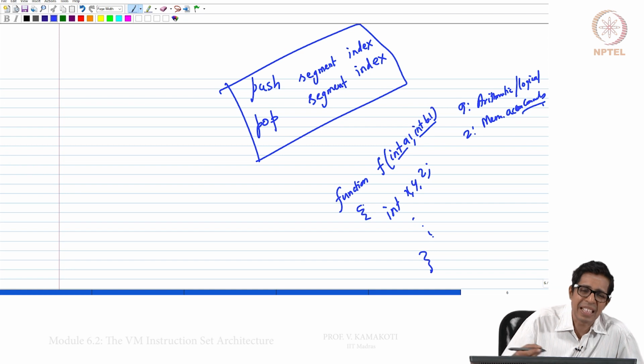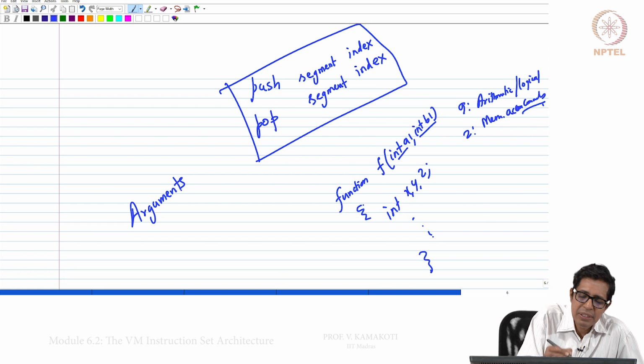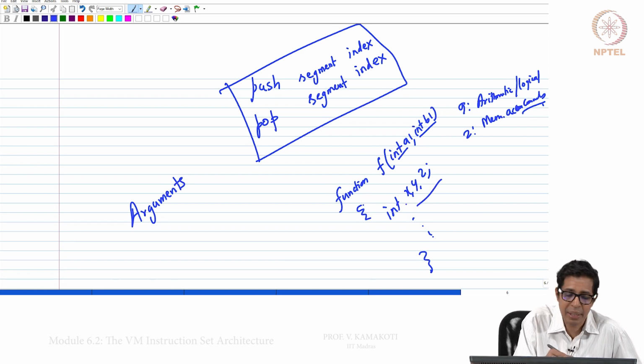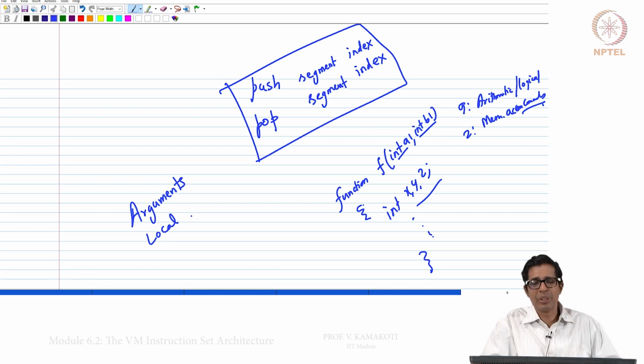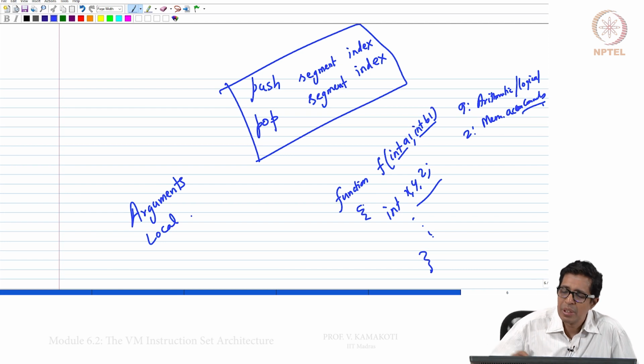Now, what are the things I have? I have arguments, and then I have local variables, at least 2 of them that we could understand. Where are these arguments stored?